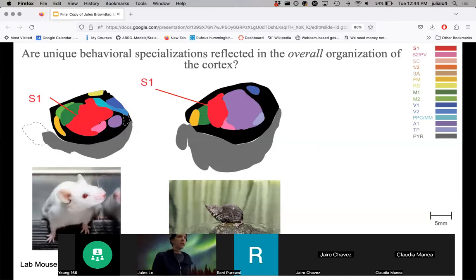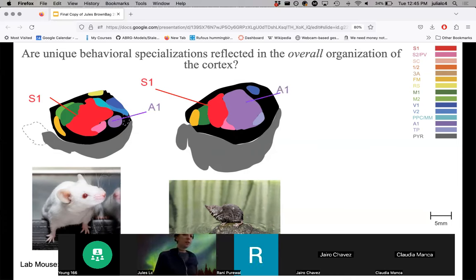And we think this is because lab mice do whisking, and they have these vibrissae, the whiskers, which are represented in the somatosensory cortex, and they use these whiskers a lot to navigate their environment, so perhaps that's why that's there.